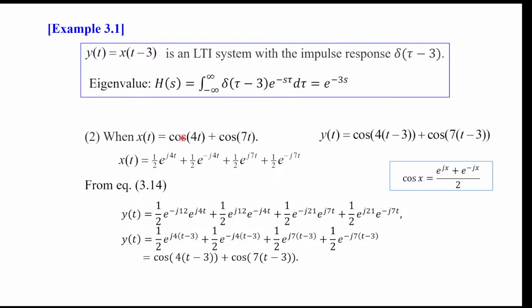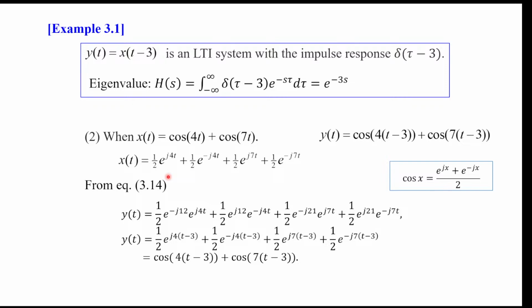We use the reverse Euler formula to write cosine as a linear combination of complex exponentials: e to the j4t and e to the minus j4t, and e to the j7t and e to the minus j7t. Then you can directly write out your y from this decomposition.